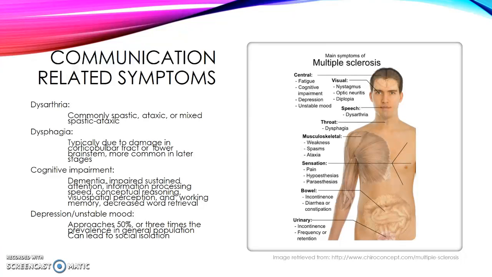Musculoskeletal symptoms such as muscle weakness, spasms, and ataxia. Sensory issues such as increased pain or hypoesthesia or paraesthesias. Gastrointestinal discomfort, incontinence, diarrhea, or constipation. And finally, urinary tract disturbances such as incontinence, frequency, or retention of urine.